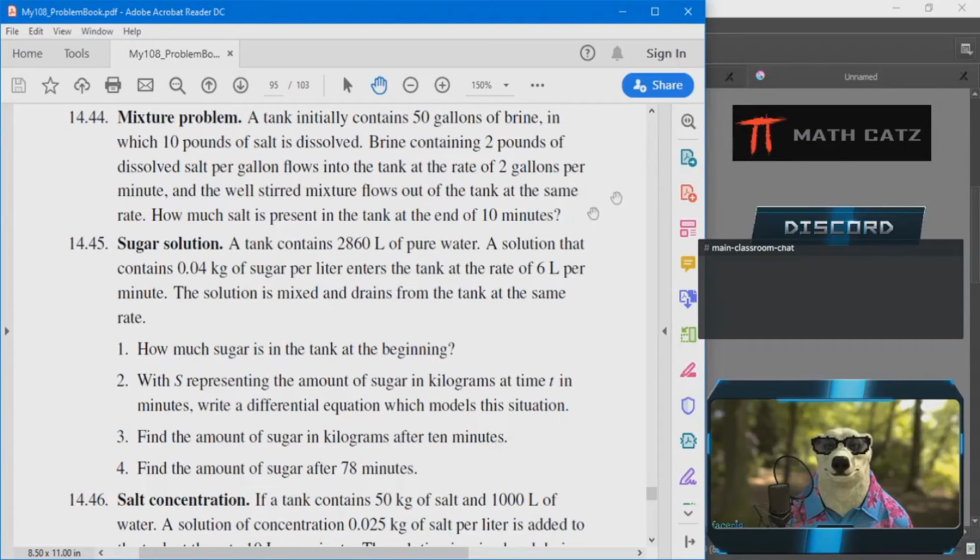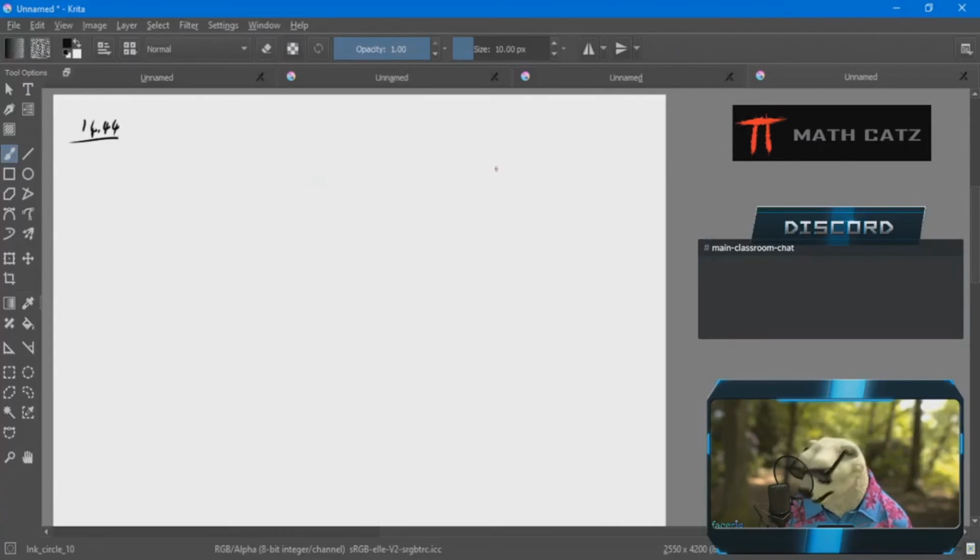Well, let's set up the situation. I really like a picture in this case. Just gives me time to get on top of what's happening here. Stuff's coming in, stuff's going out. Okay, I have a mixture problem.